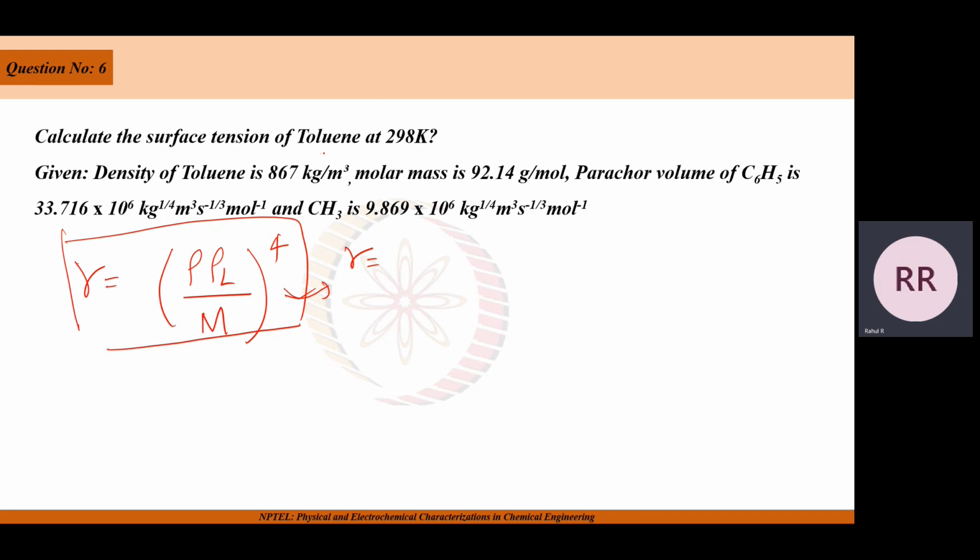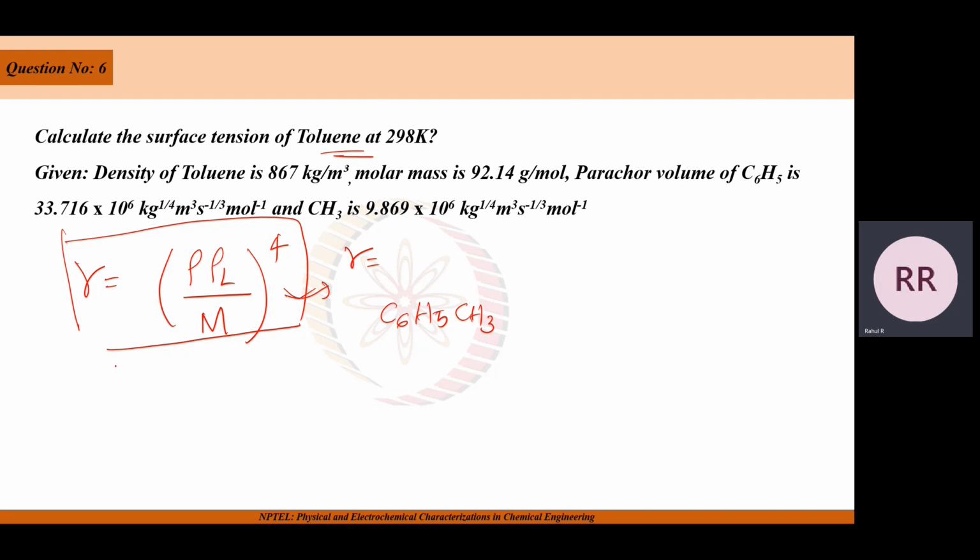It's toluene. The formula for toluene is C6H5CH3. You guys should know this. Okay, so this is toluene. Now in the NPTEL class, Professor Tamal has shown you a table which contains the value of Parker volume of C6H5 and CH3.